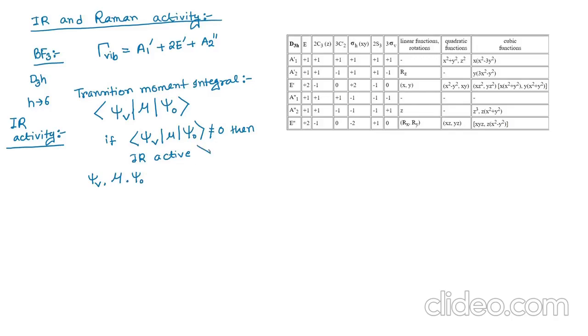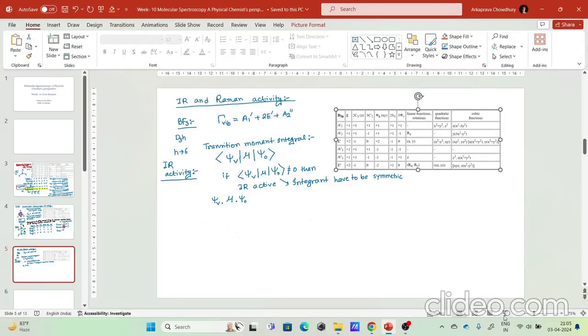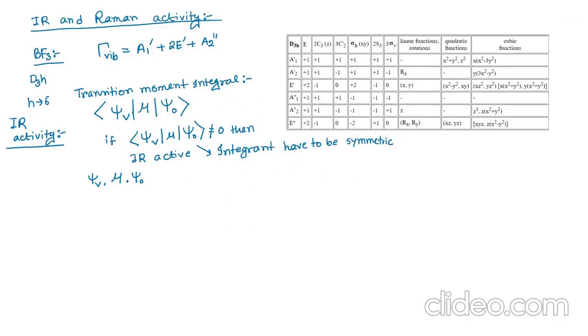The integrand has to be symmetric. So to be IR active, your transition moment integral has to be non-zero, and for that your integrand has to be symmetric with respect to, obviously, inversion.